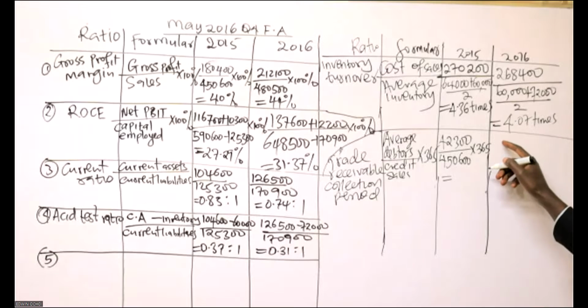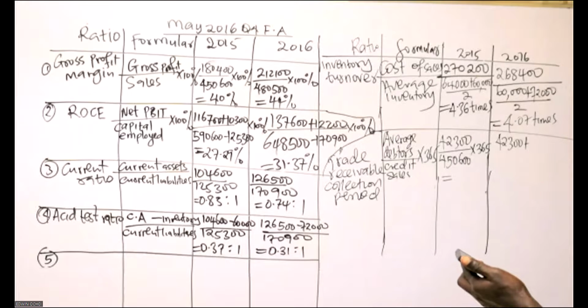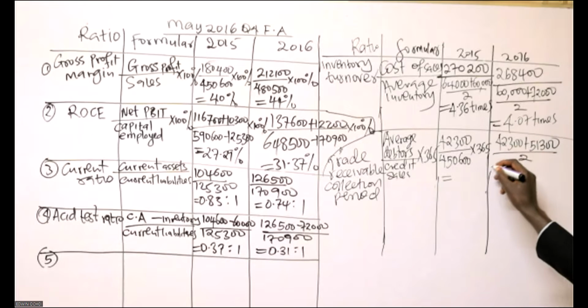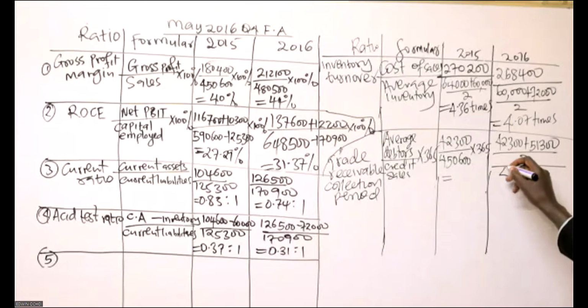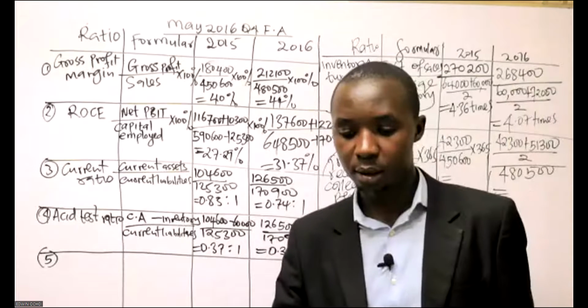Then for 2016, I will take 42,300 plus the 2016 itself. The debtors for 2016 is 51,300. I will divide this by 2 to get the average, then divide by the revenue, the credit sales, which is 480,500. So how many days?